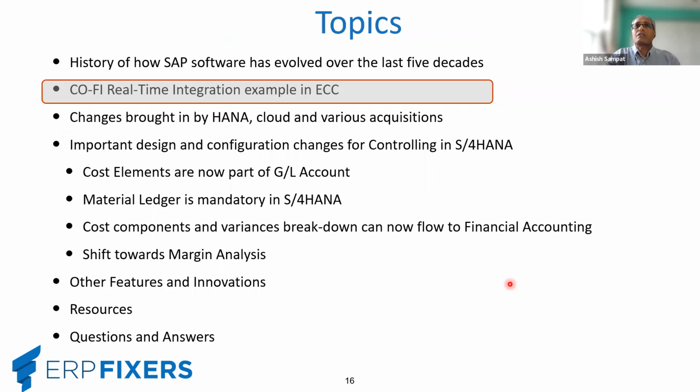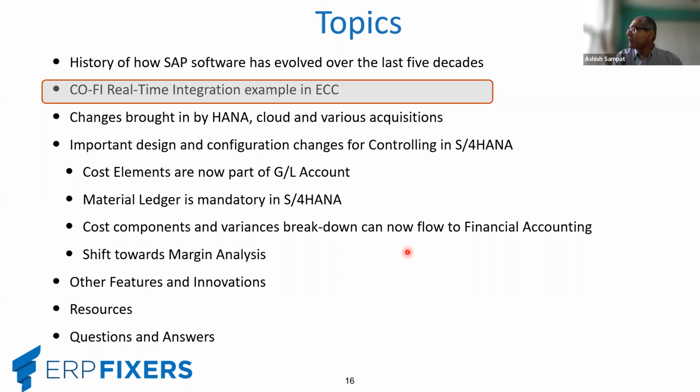So let's talk about the CO-FI real-time integration. Again, controlling to FI. If we talk about the classic GLs, when an entry is made in controlling, it did not go to FI directly. We used to run a month-end program called KALC, the Reconciliation Ledger transaction code.